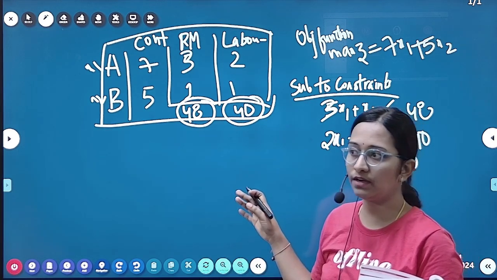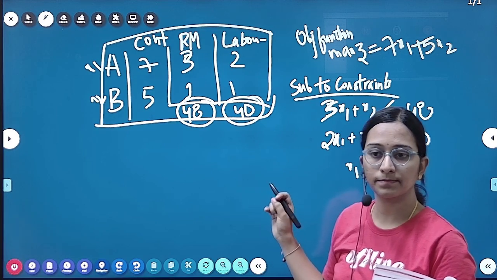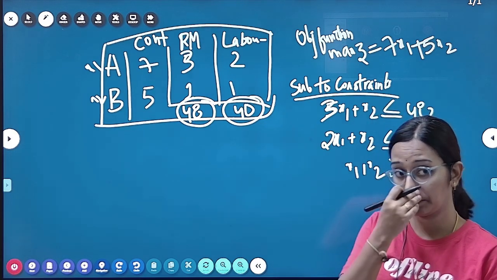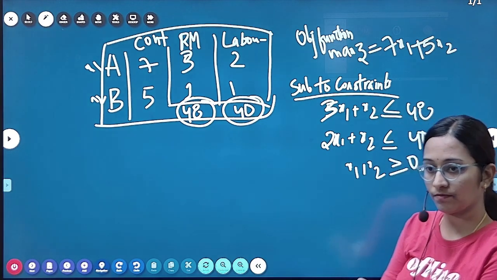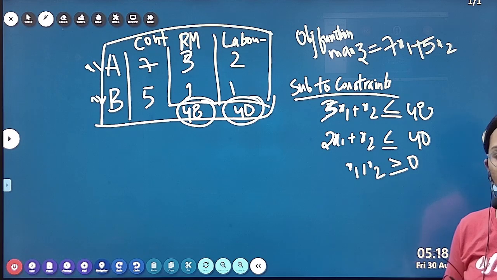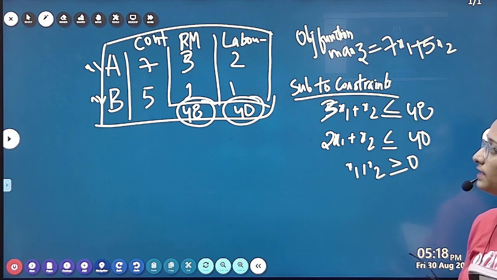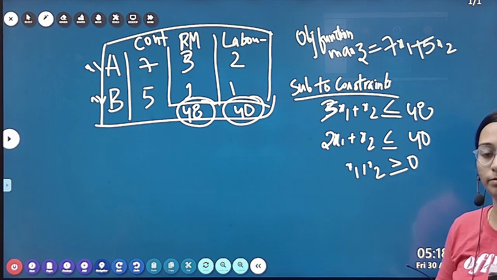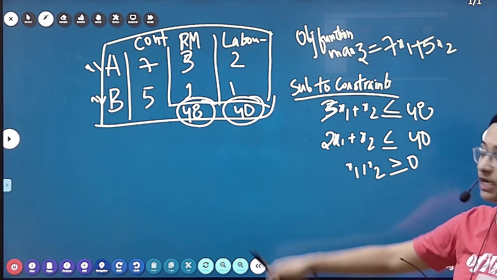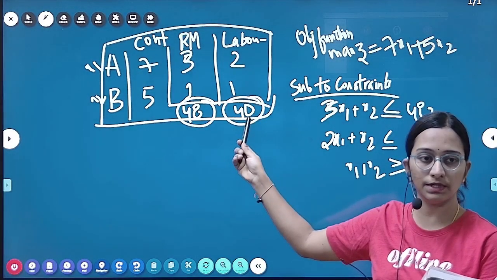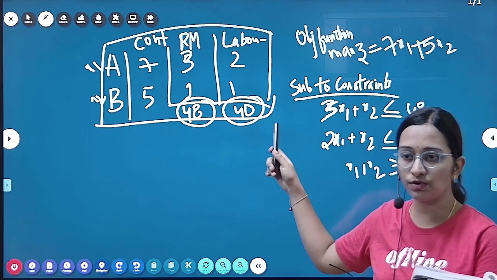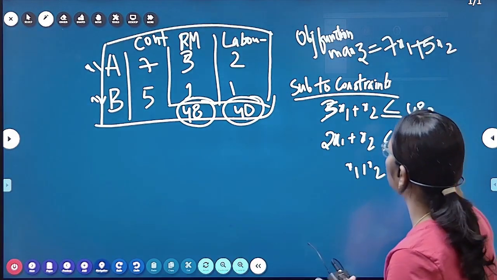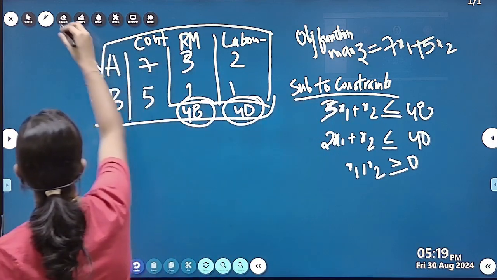So tell me how we can write it. We can write from the point of view of raw material also. We take the objective function as the raw material units and the labor hour units. This is the total units, so should we maximize or minimize? Yes, minimize.